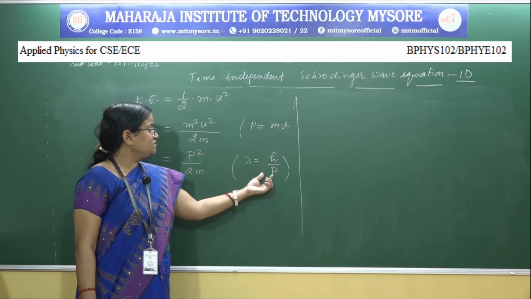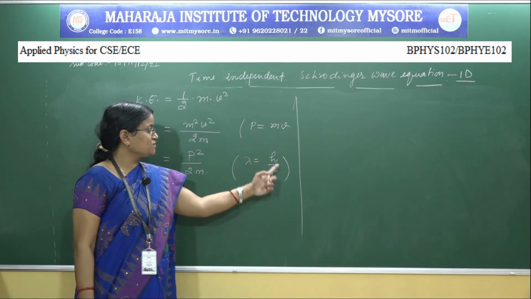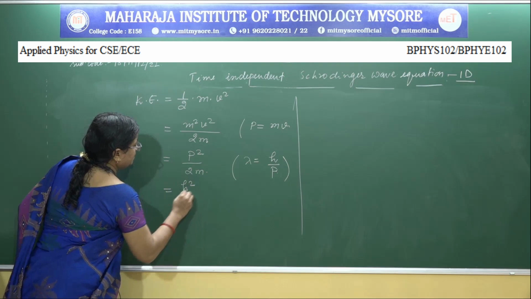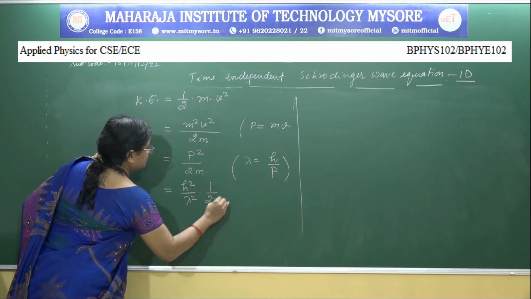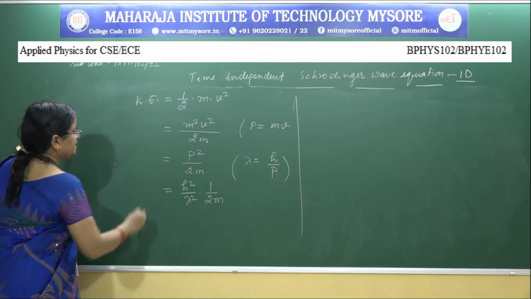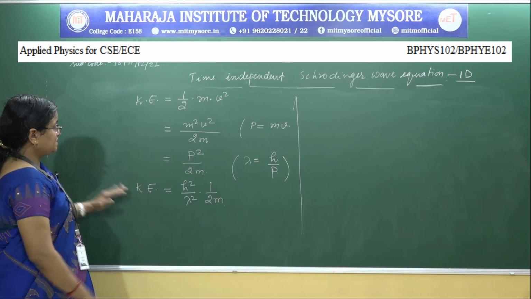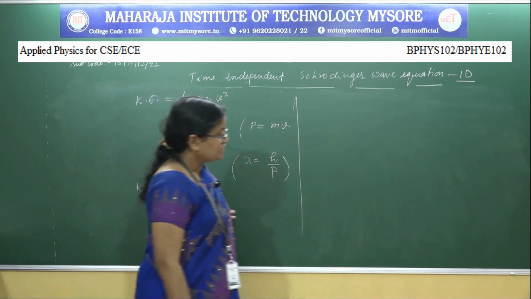So if we substitute the value of p square, we will get h square by lambda square. So here h square by lambda square by 2m. Kinetic energy is equal to h square by lambda square into 1 by 2m.